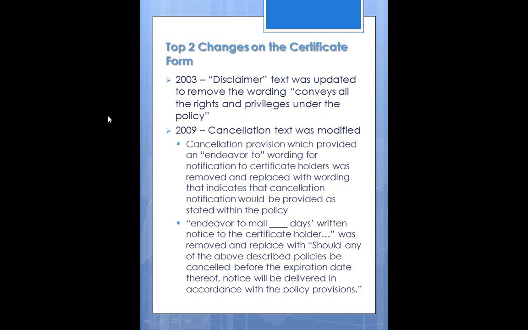The agents and brokers can no longer type anything on a certificate or on the second page, a supplemental page of a certificate, unless it's in the policy verbatim, word for word.